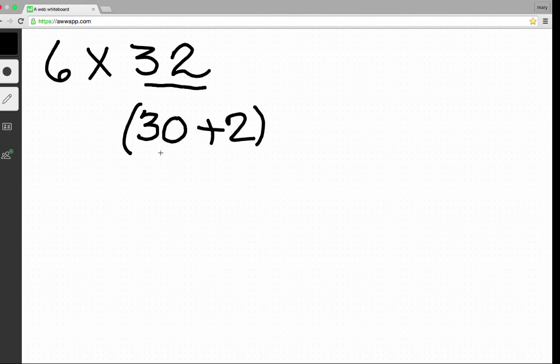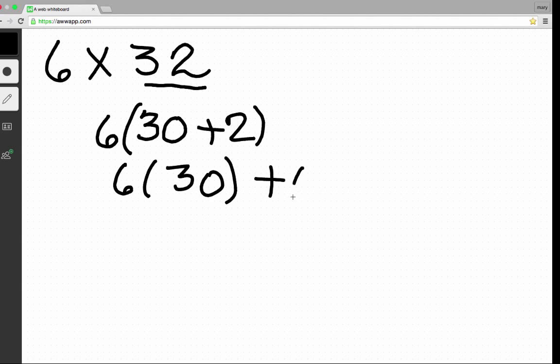And here's this nice number with 0. And then we're bringing down our 6, which is the number that we're distributing. So if we distribute 6 to the 30 plus 6 to the 2, we now have taken 32, put it in expanded form, and now we separated it, and we've gone from one set of parentheses to 2.